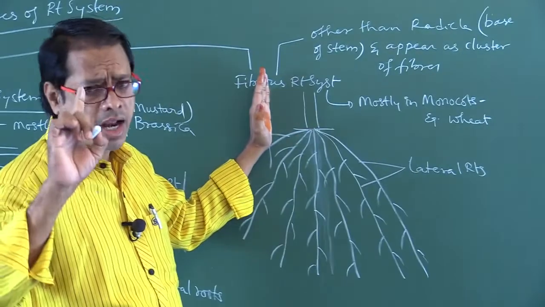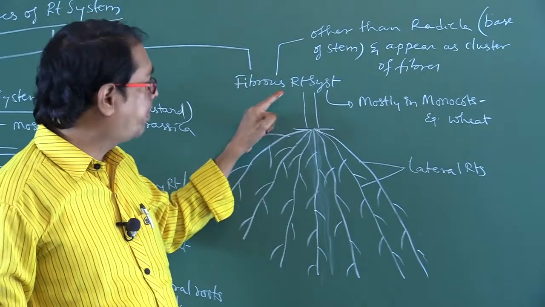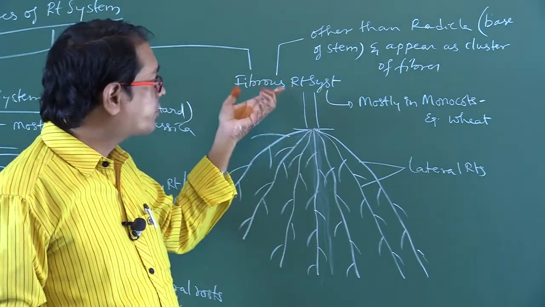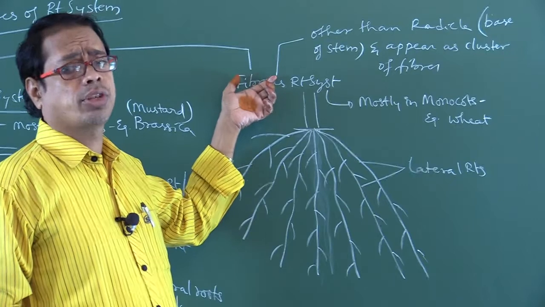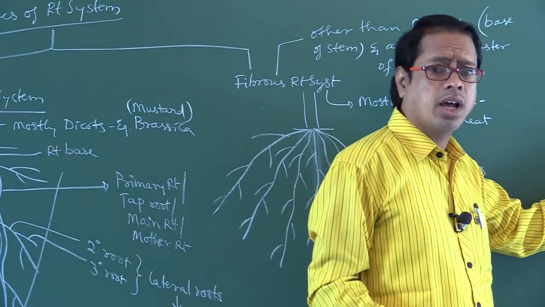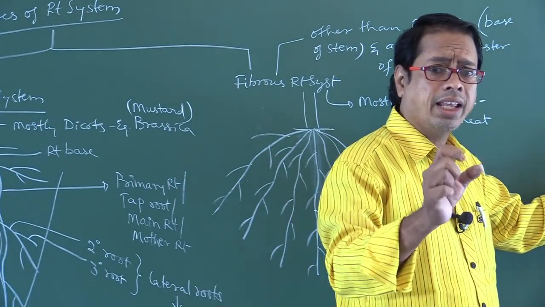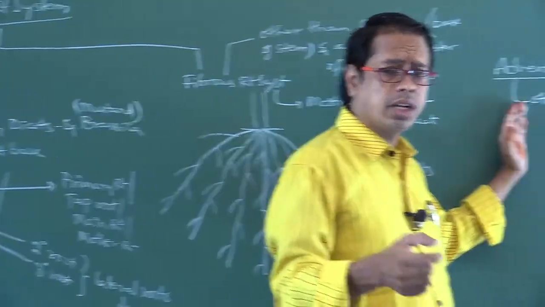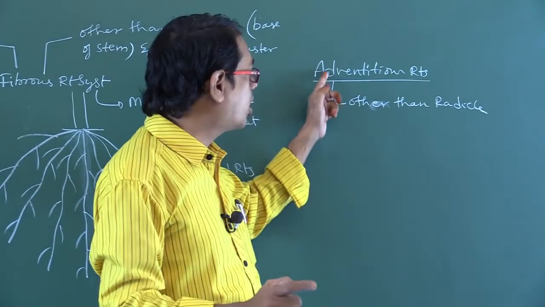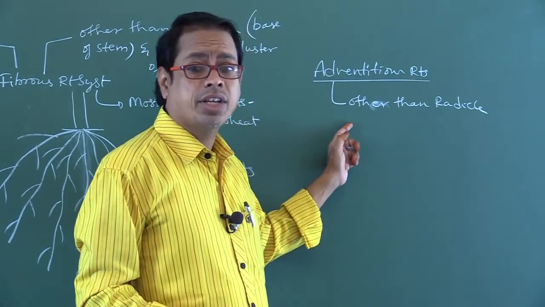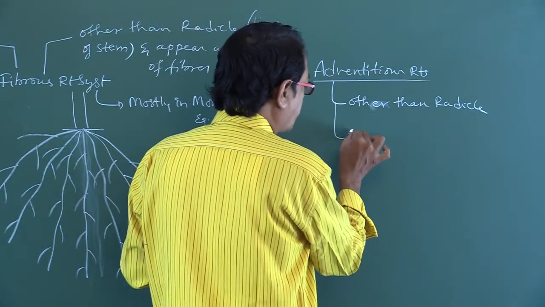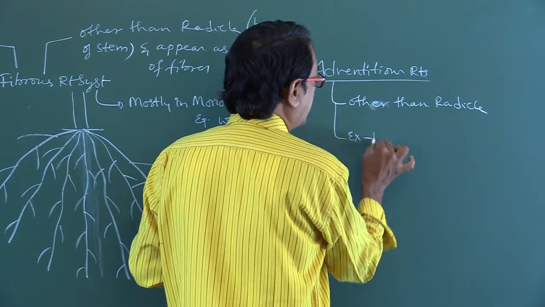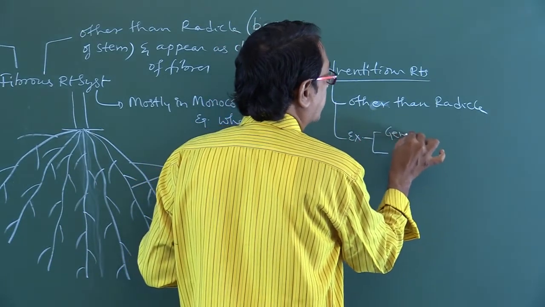Adventitious roots are those developed other than the radicle that are not in the form of fibers individually. So the roots that are developed other than the radicle are called adventitious roots.